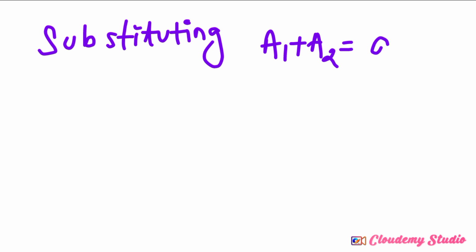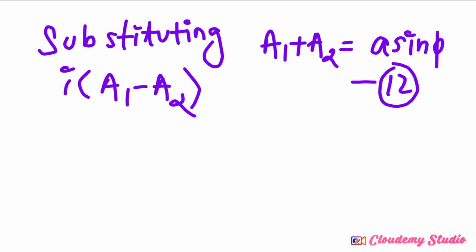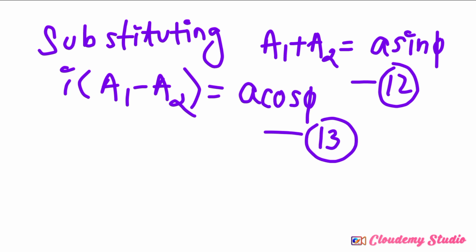Now if I substitute a1 plus a2 is equal to a sin phi, this is equation number 12, and i times (a1 minus a2) is equal to a cos phi, this is equation number 13.